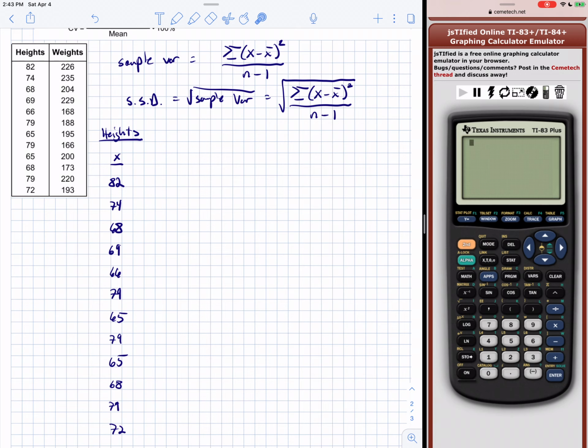I'm going to go ahead and type this in the stat menu. If I go over here to stat, I'm going to go to edit, and I'm just going to type in this data. I'm going to type 82, 74, 68, 69, 66.